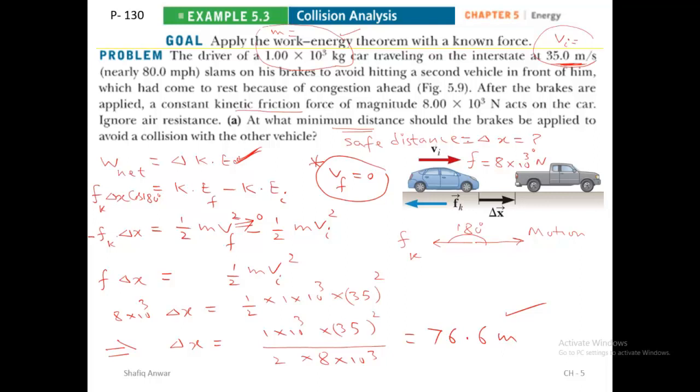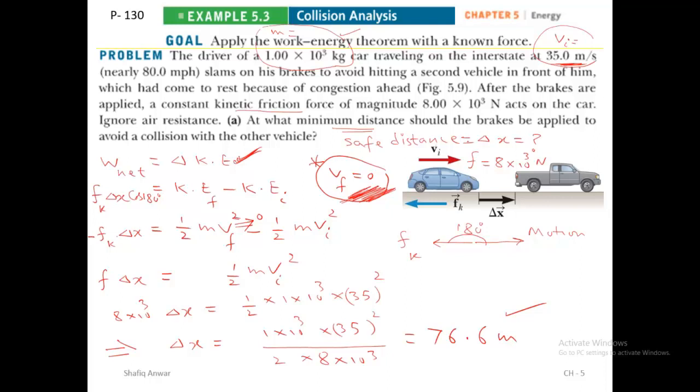No car is moving, so you have to apply brakes on your car. And once you apply the brakes on your car, finally your car will become at rest. And when it comes to rest, final velocity becomes 0.